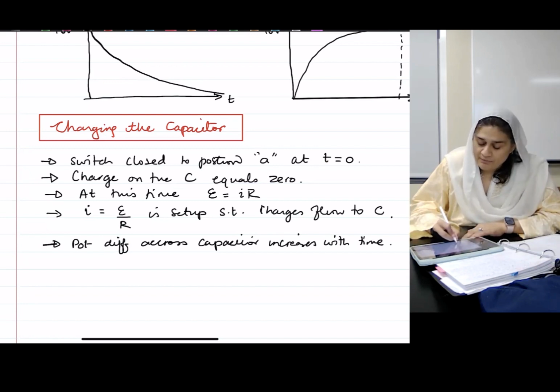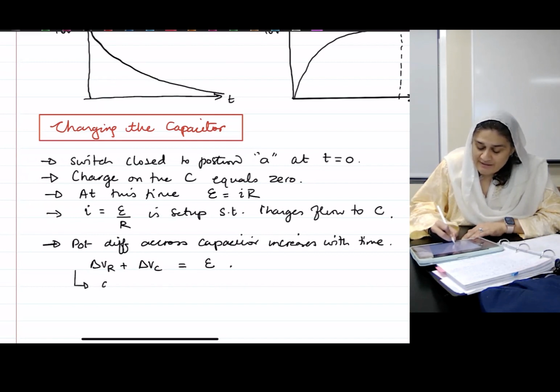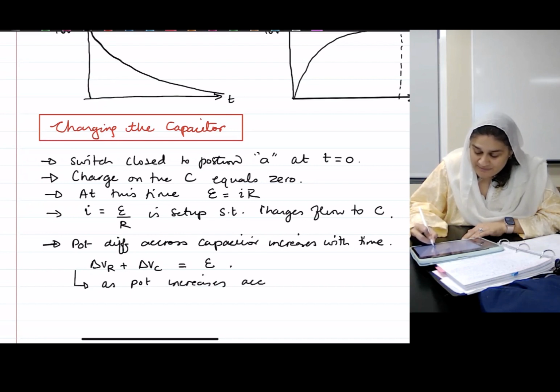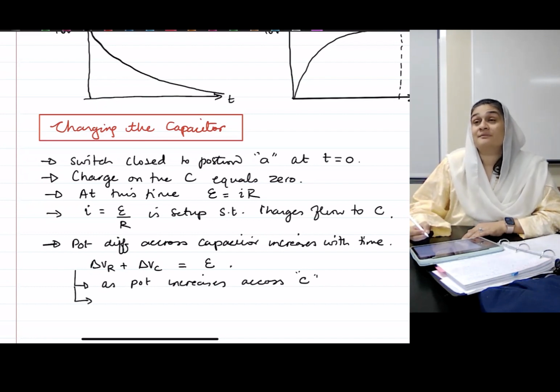Now we know that delta VR plus delta VC must equal EMF. So that implies that as potential increases across C, what should happen to the potential drop across R?